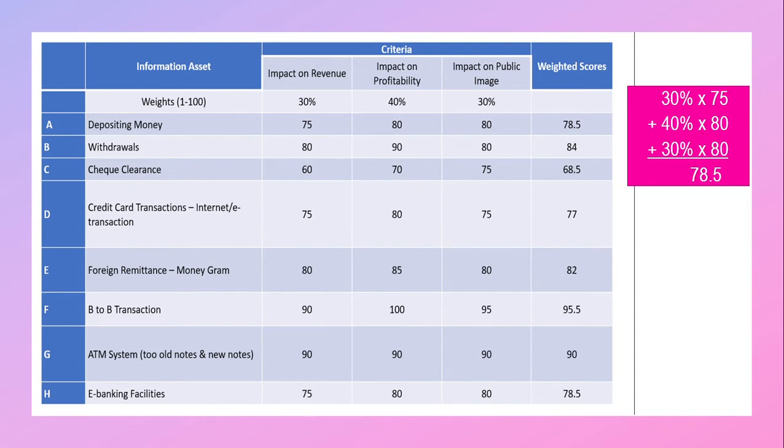So let us assume that the given values in each column, such as the impact on revenue, the impact on profitability, and the impact on public image, or the said criteria, are only estimated numbers to showcase the preference of the customers or clients in a particular bank.